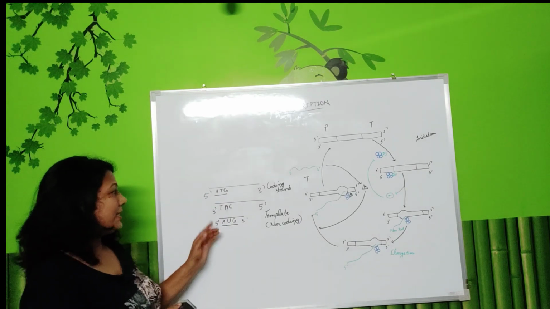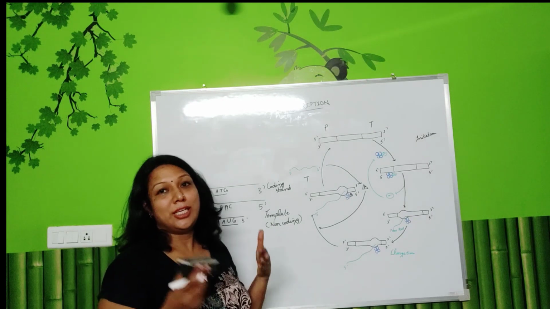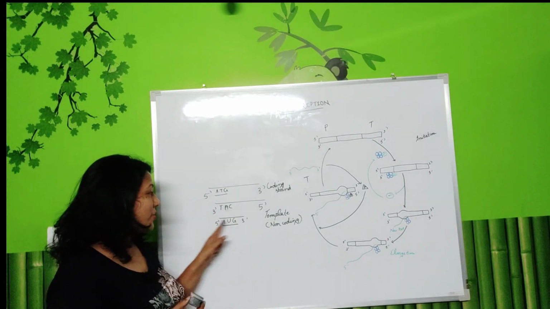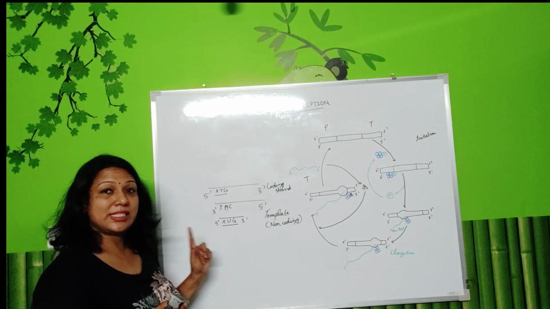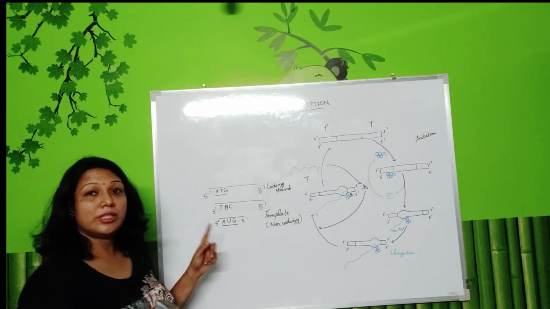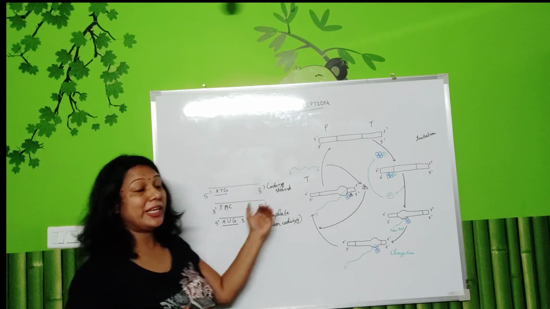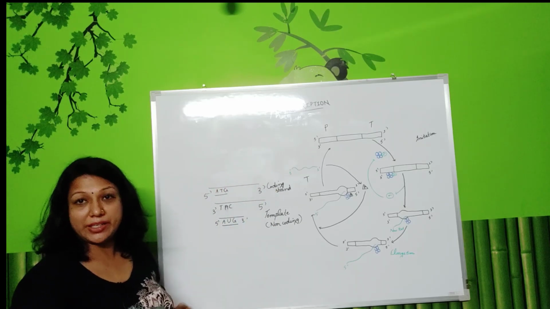Except for T, U is present, otherwise the codons in the newly synthesized primary transcript will be similar to those of the 5' to 3' strand. That's why we call it the coding strand, because the codons are similar.